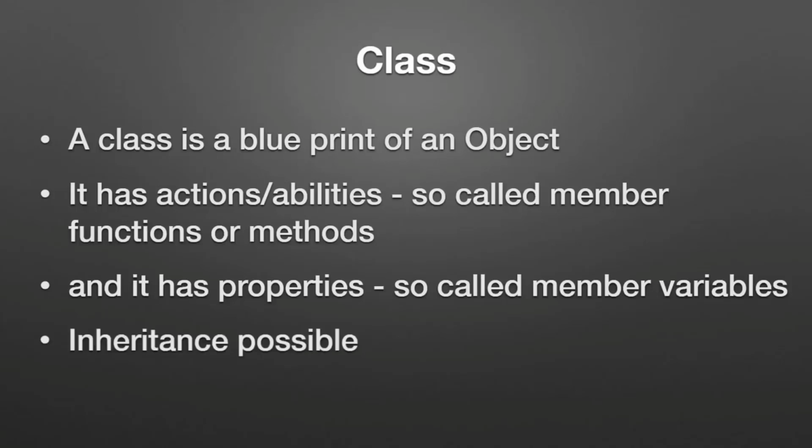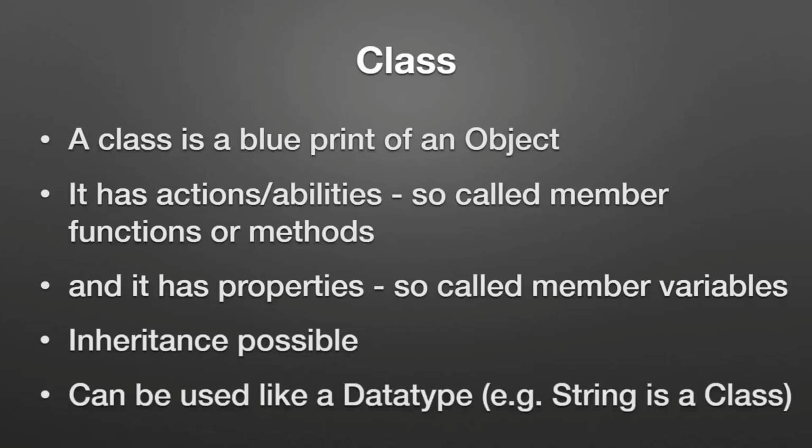Then inheritance is possible with classes, and we'll have a look at inheritance in an additional chapter where we'll look into inheritance in more detail. But now, just for you to know, it's possible to inherit classes. And they can be used like a data type. For example, a string is a class, and we have used strings as data types.